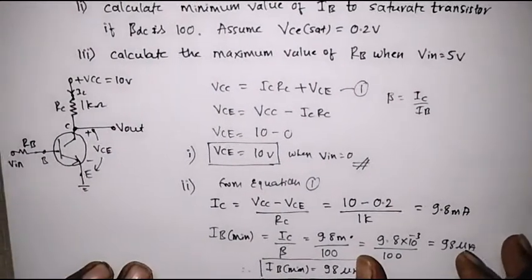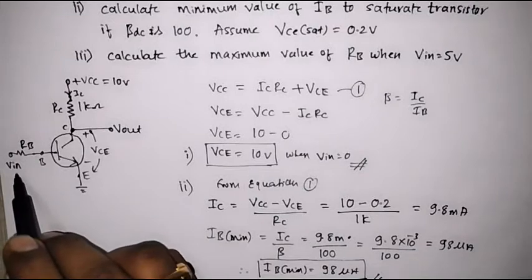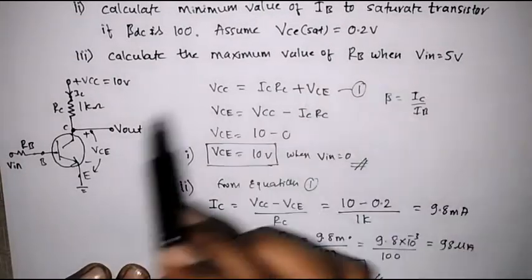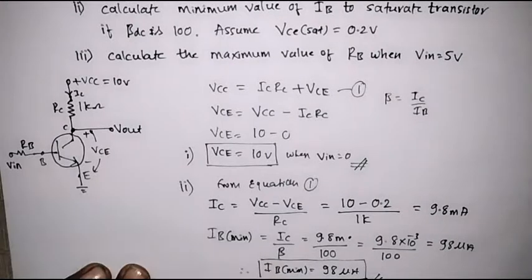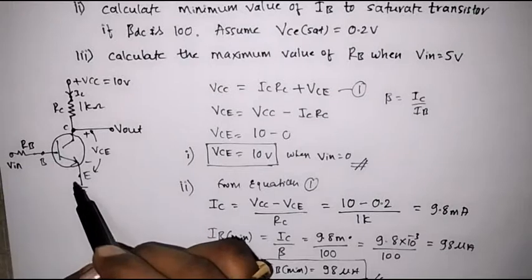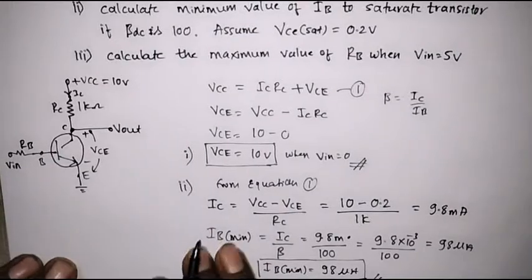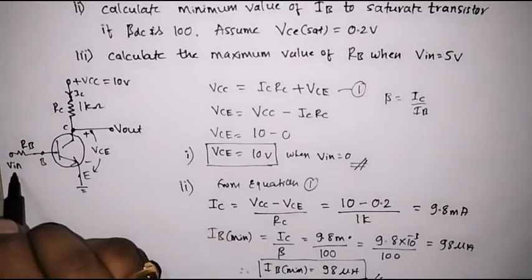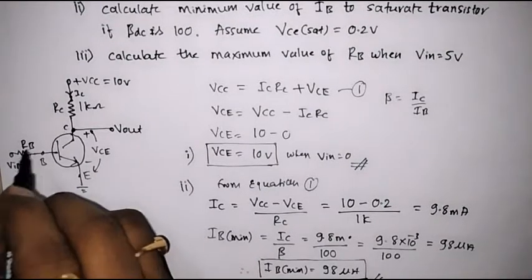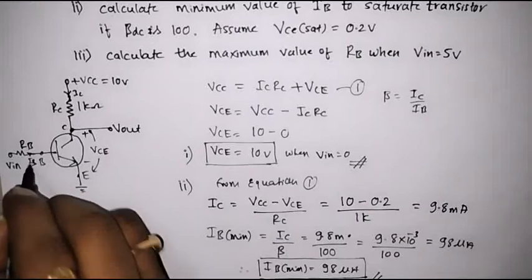So here the Vin value, we are supposed to consider 5 volt and we have to calculate the maximum value of RB. So this is called the input loop of the transistor. Let's apply KVL to the input loop of the transistor. So we know that the current flowing in base is IB.